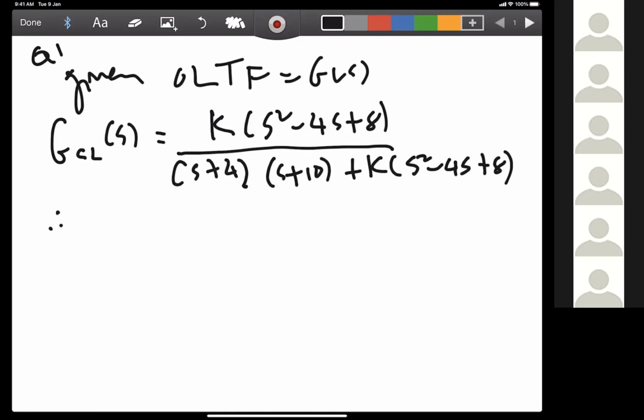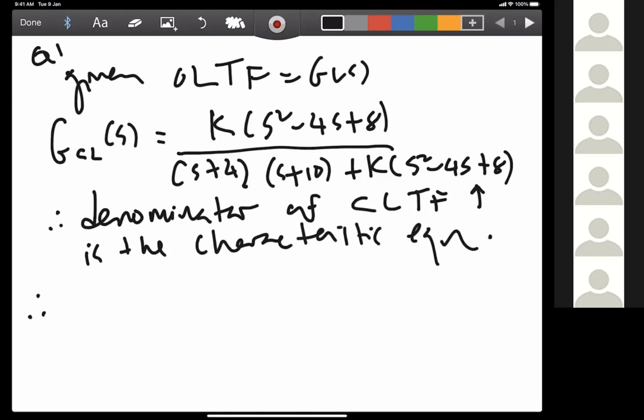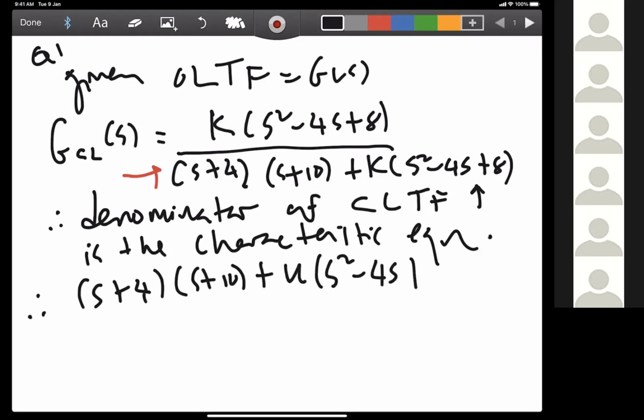Now the denominator of the closed loop transfer function above is the characteristic equation, which is this one: (s + 4)(s + 10) + K(s² − 4s + 8) equal to 0. So that is the characteristic equation.